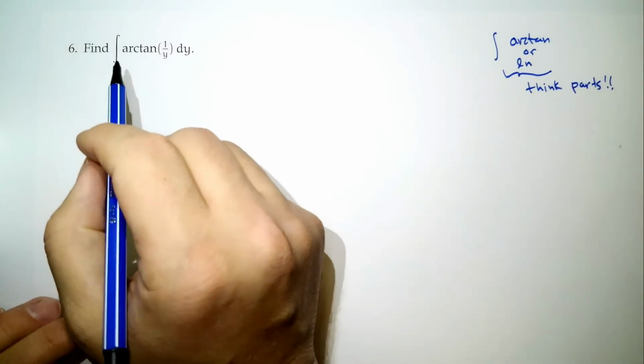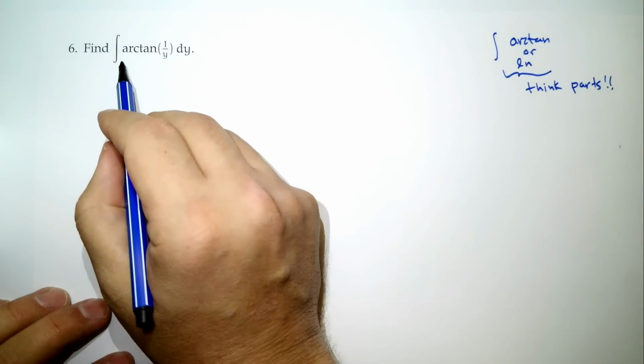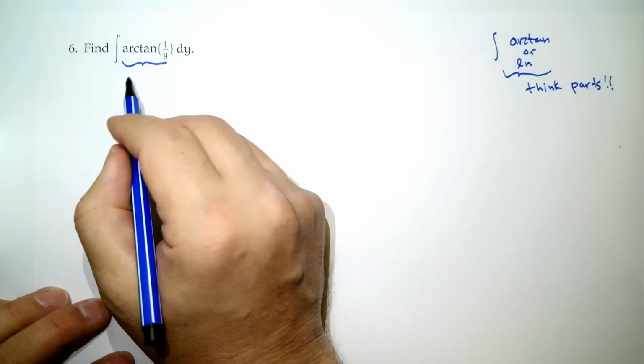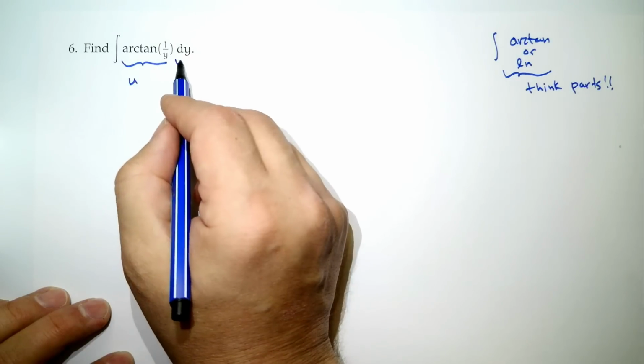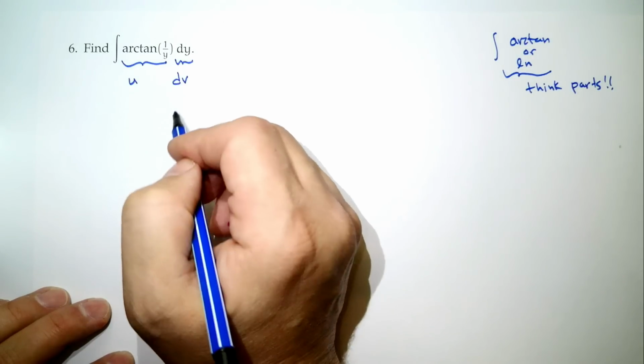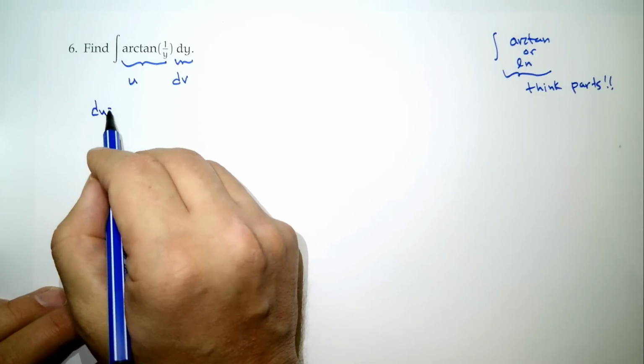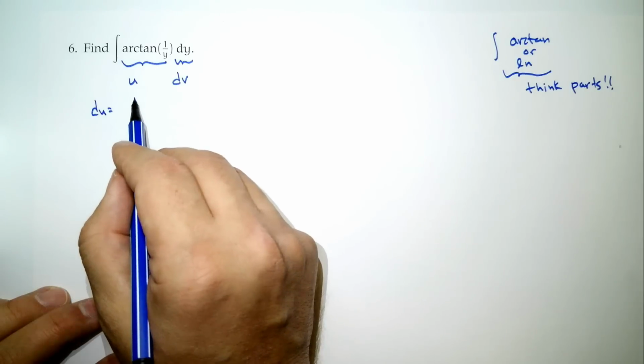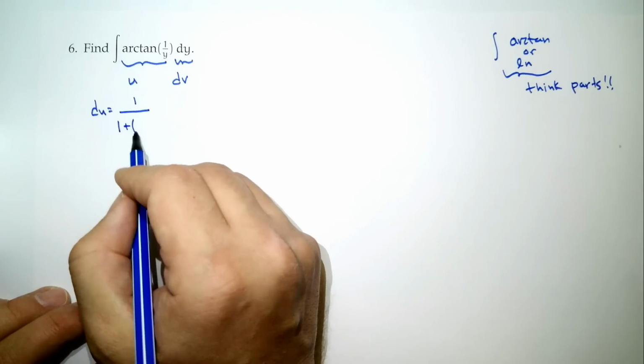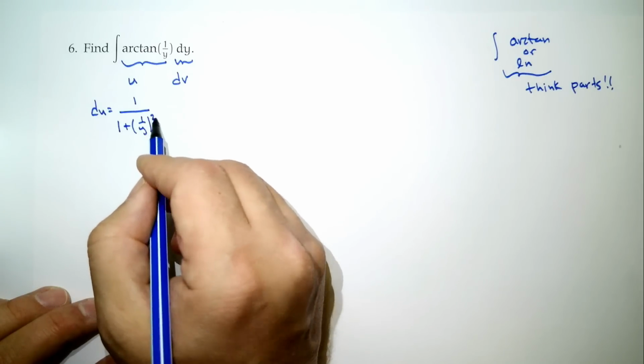The reason it's not always the most obvious is we say, well, where's the second part? And the answer is, just simply the dy is the second part. So if you make this substitution, the derivative of arctangent 1 over y would be 1 over 1 plus 1 over y squared.